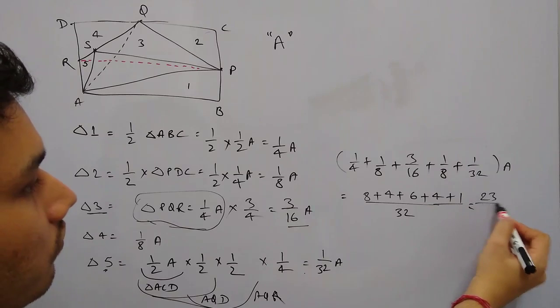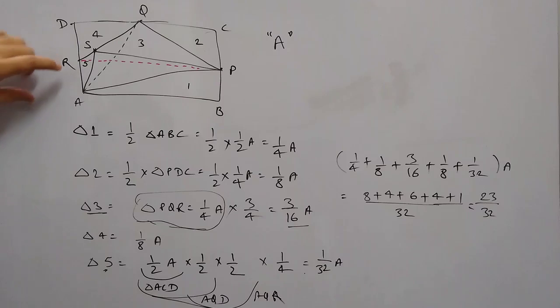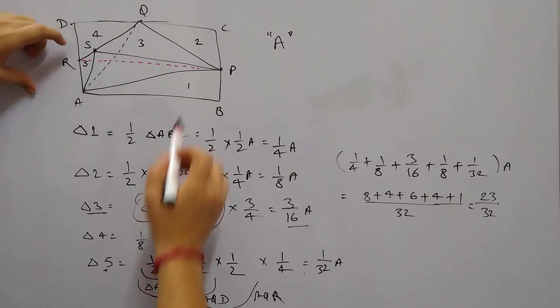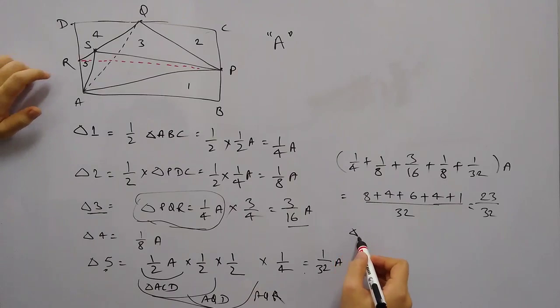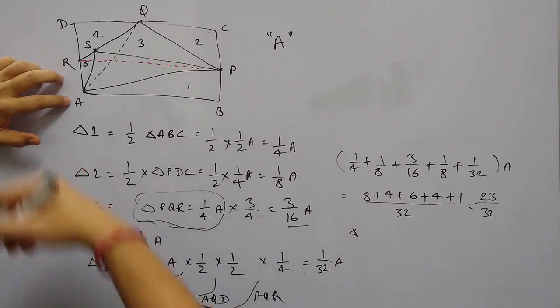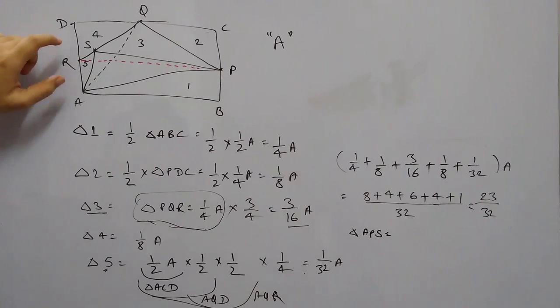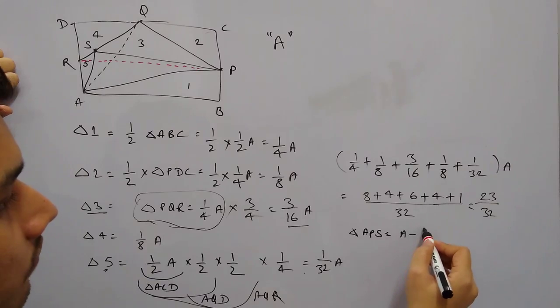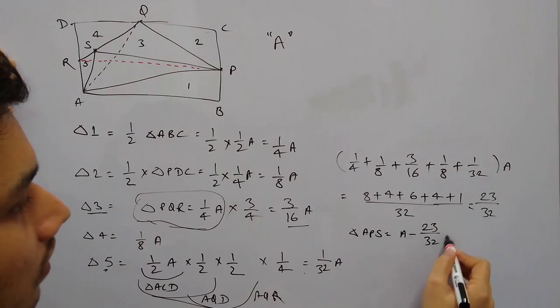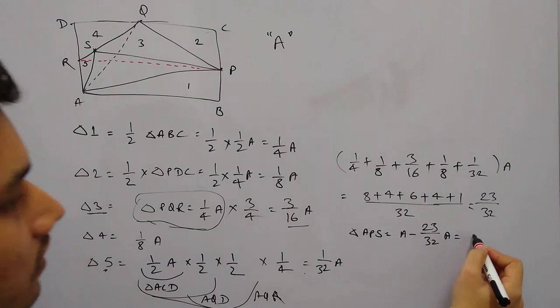So we have 23 by 32, which is the area of these 5 smaller triangles. Then area of triangle APS will be the area of rectangle minus the sum of these 5 triangles, so A minus 23 by 32A, which equals 9 by 32A.